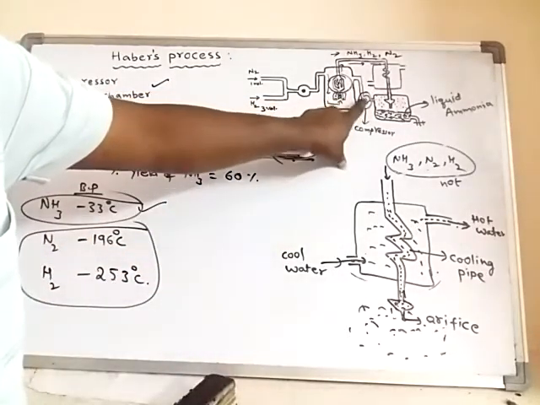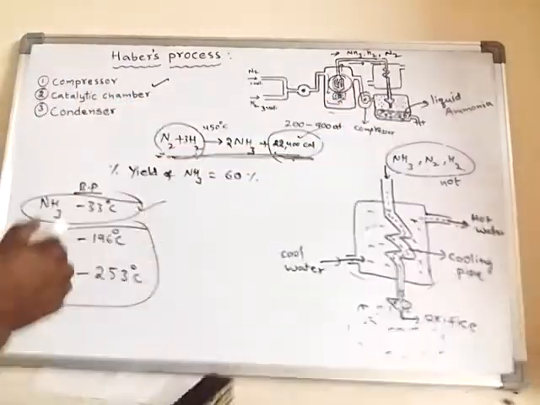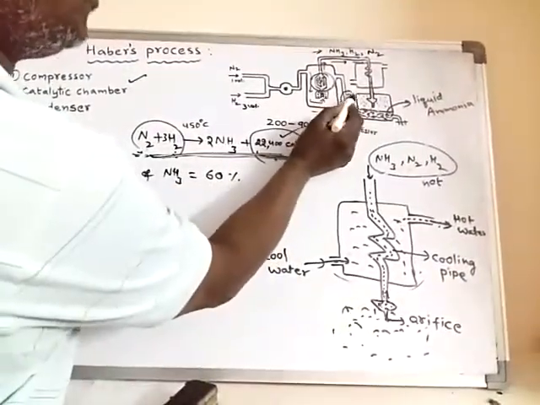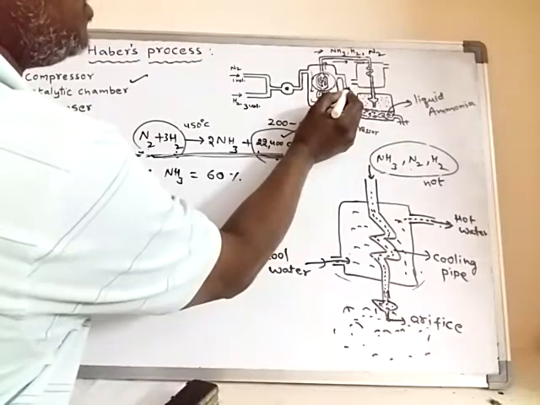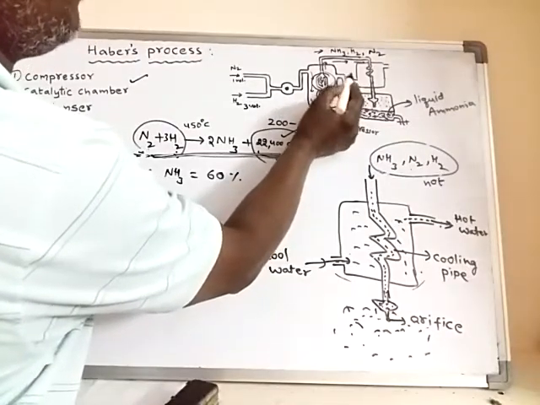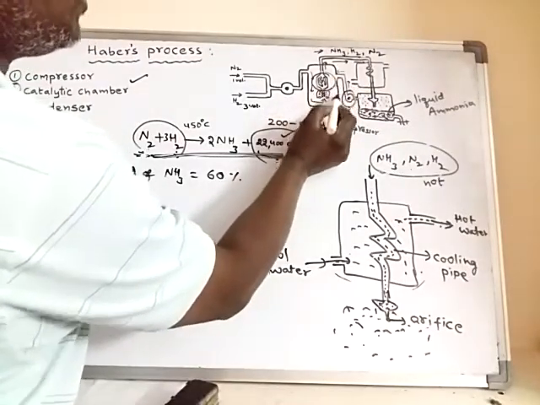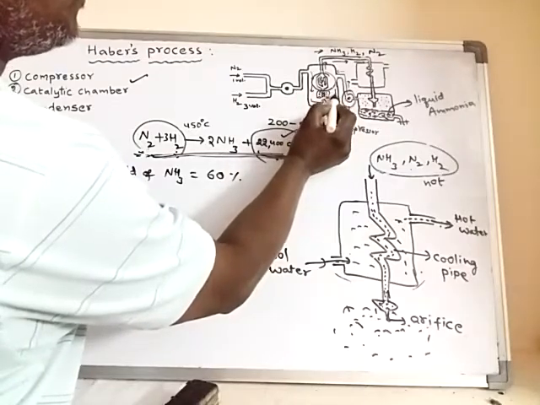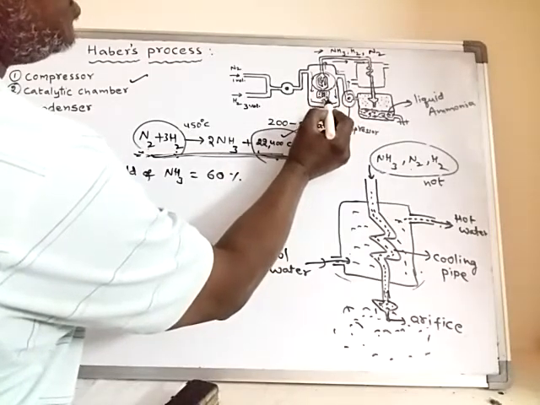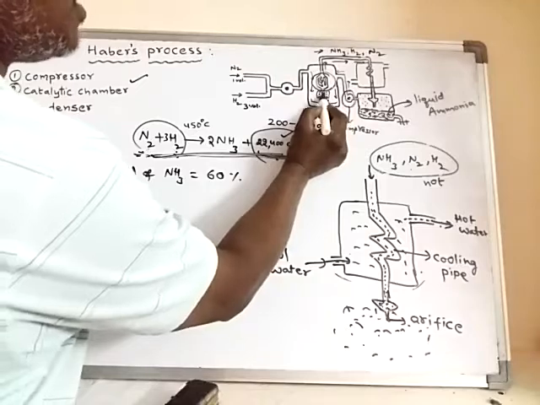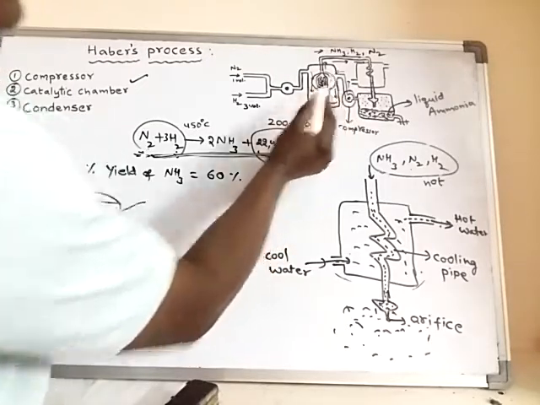Then the compressed nitrogen and hydrogen mixture enters through this pipe and finally reaches the catalytic chamber. Again they are utilized in the reaction.